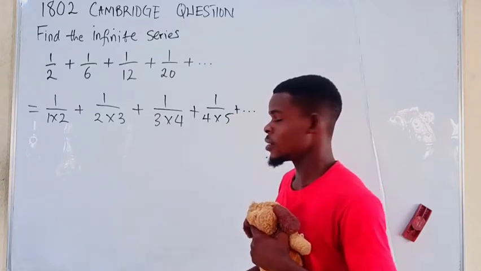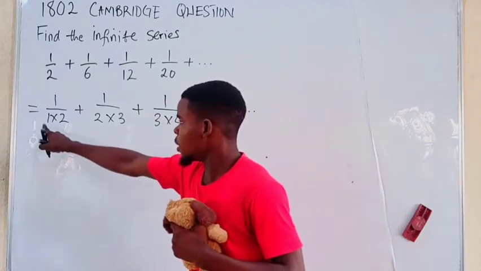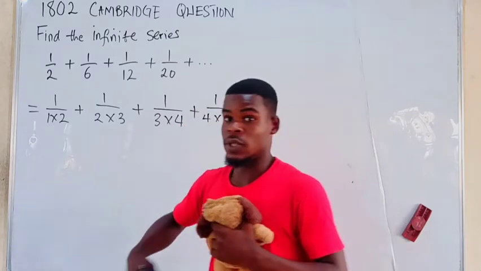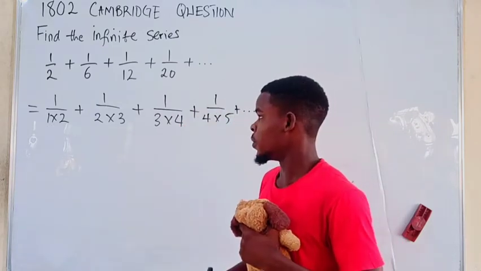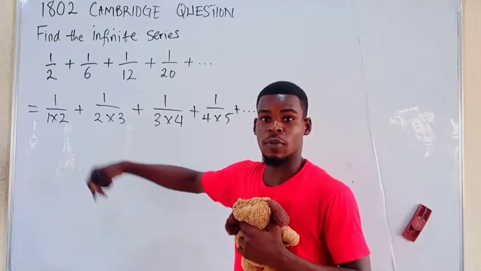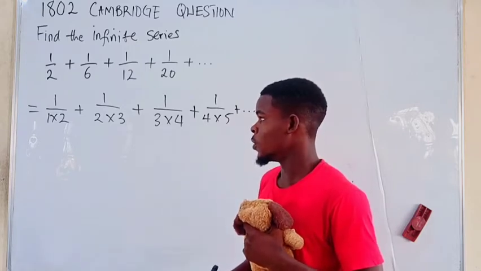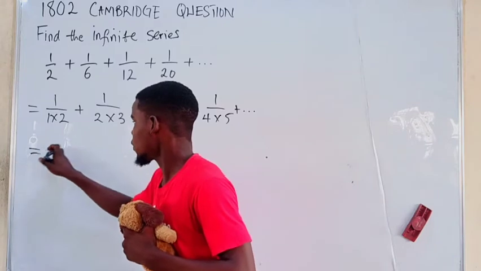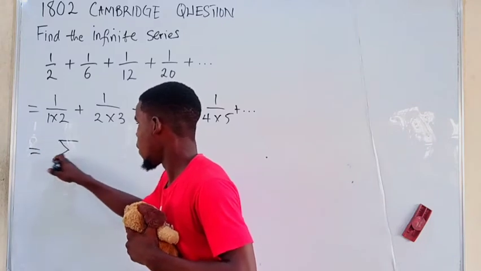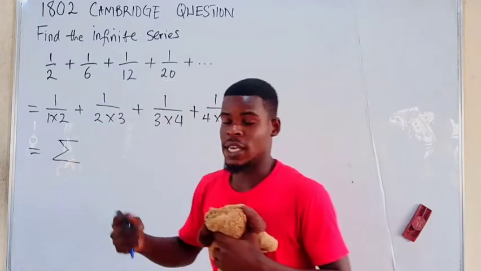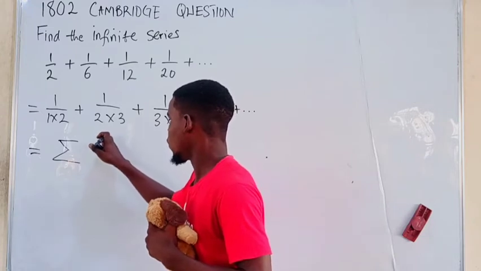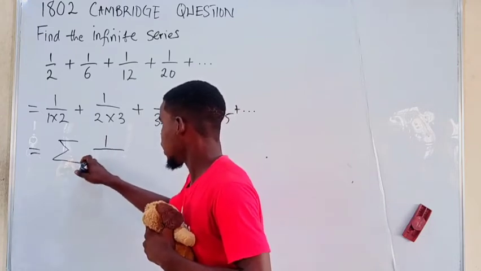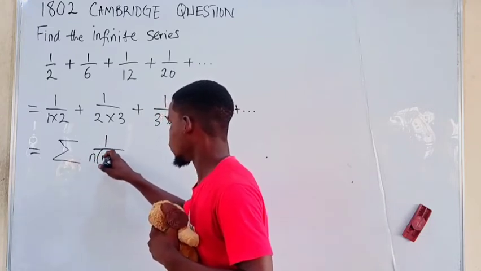So what that tells us is that this is one number, and then we multiply it with the next natural number, and then a natural number we multiply with the next natural number. So to figure out this sum, we can put it down as the sum, maybe let's use n here, of 1 over n times n plus 1.